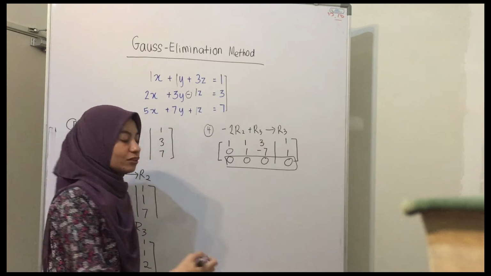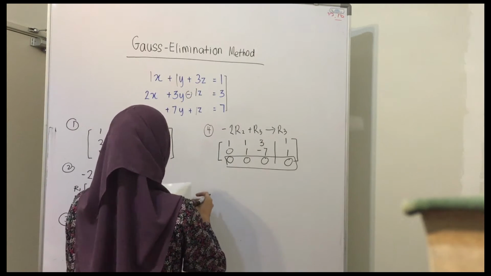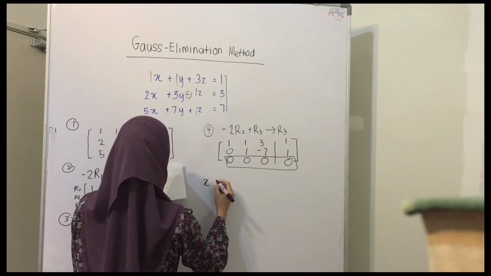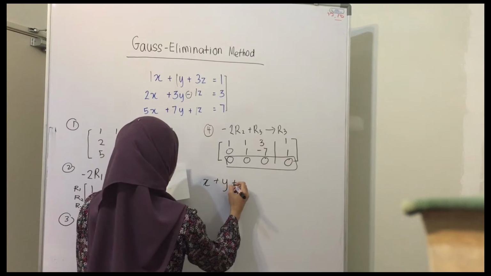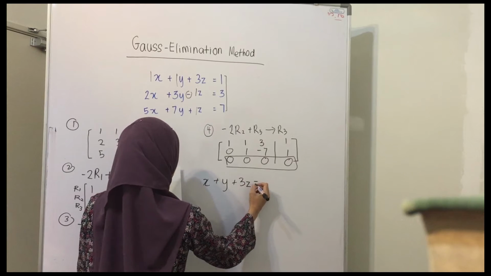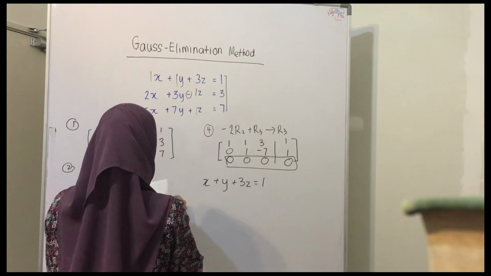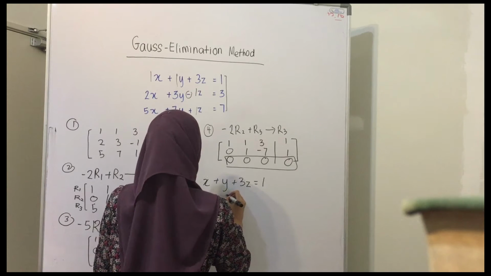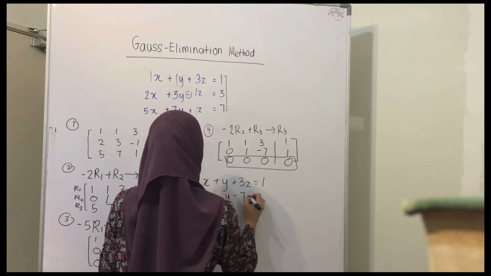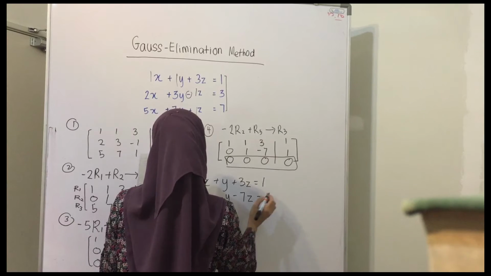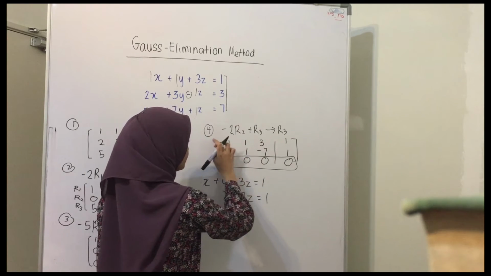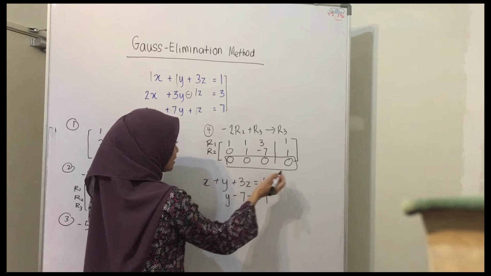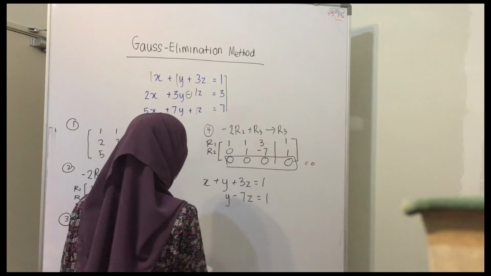has many solutions. So we can write the solution like this: x plus y plus 3z is equal to 1, and y minus 7z is equal to 1, because we take the first row and second row, since the third row is equal to 0.